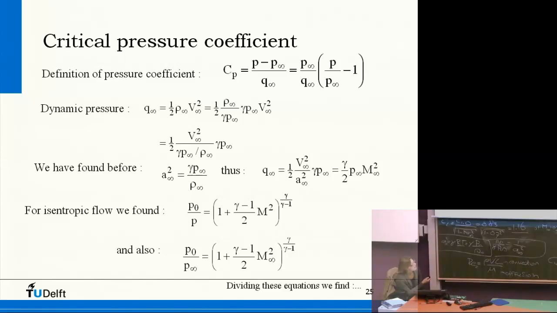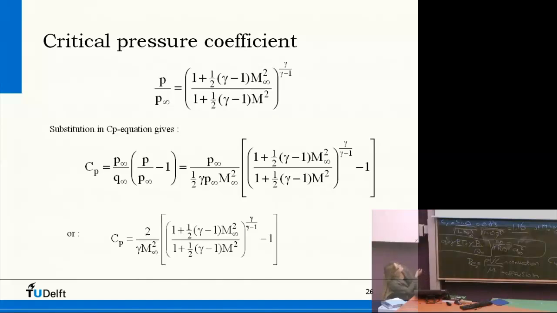So to get that out of the way, I use two isentropic flow relations, one at P, so at this point, and one at P infinite. For P, I have this isentropic flow relation: P0, the stagnation pressure, over P at a certain point is 1 plus gamma minus 1 over 2 M at this point squared, to the power gamma over gamma minus 1. And if I have P infinite here, I have M infinite here, right?